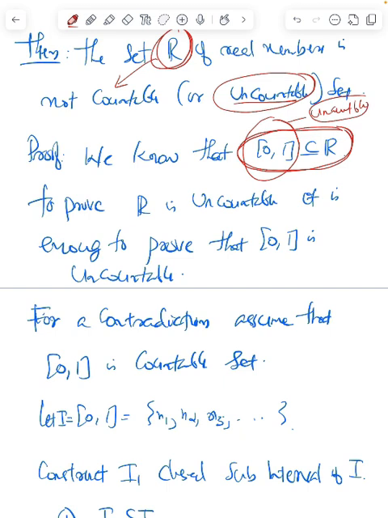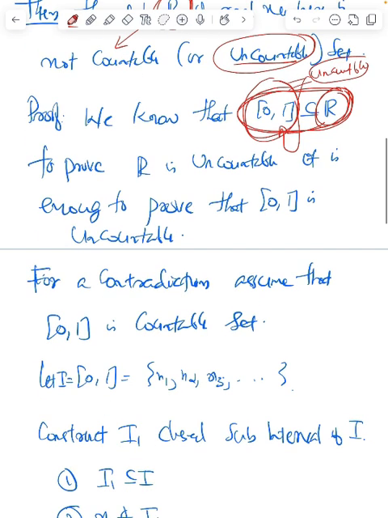That is, the smaller set [0,1] is uncountable, then from this we can say that the bigger set is also uncountable. I am going to prove the set of all real numbers is uncountable by proving its subset [0,1] is an uncountable set. My aim is to prove [0,1] is an uncountable set.